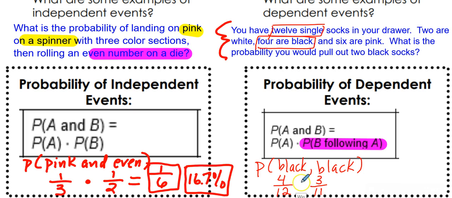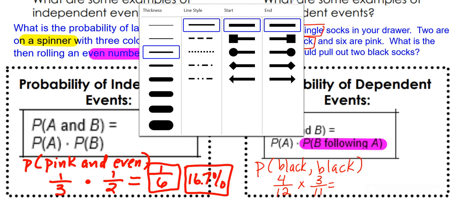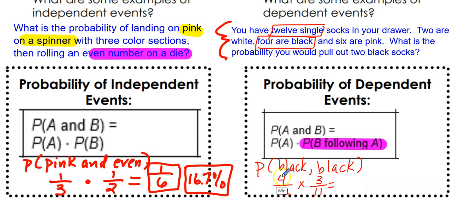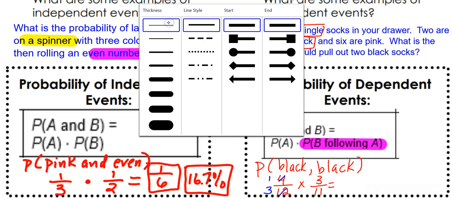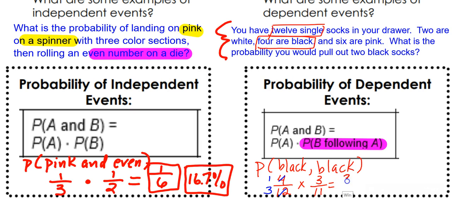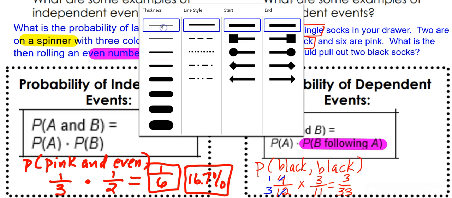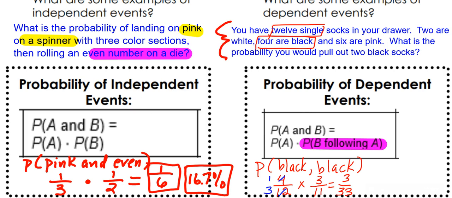And we simply just multiply these together, just like we did with the last one. What I would do here is simplify my fraction, because 4/12 can be simplified to 1/3. Okay, and then I'll go ahead and multiply across. 1 times 3 is 3. And 3 times 11 is 33. And we can simplify that again, because 3 goes into both 3 and 33.